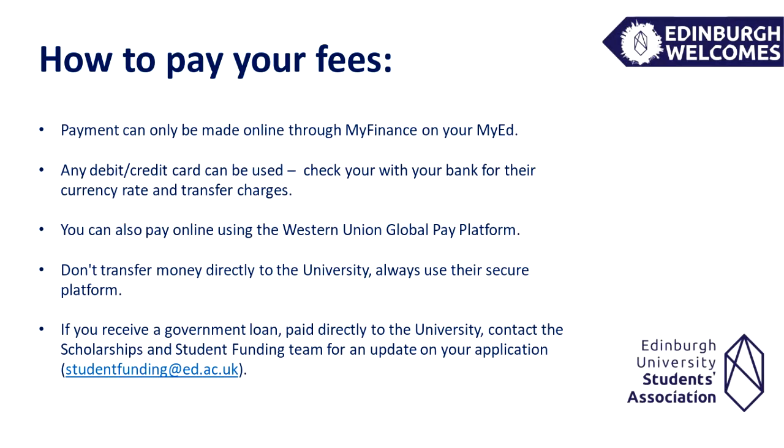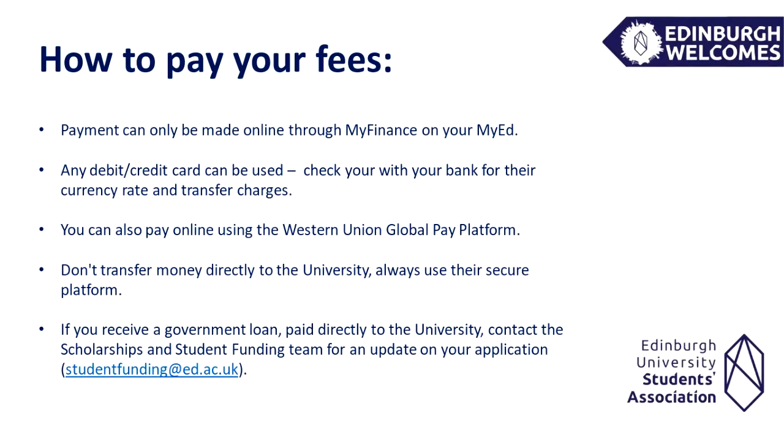In terms of how to make a payment of your tuition fees, you can make your payment online by logging into the student portal MyEd and heading through to My Finance. You can use any debit or credit card, and we would say to check with your bank to make sure that there's not any transfer charges or what the exchange rate is.